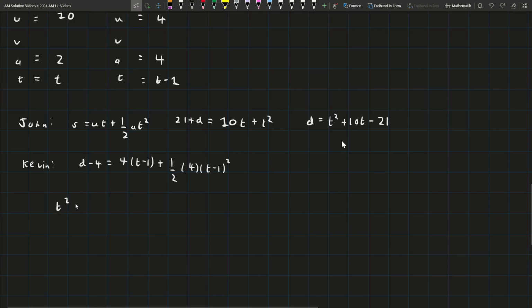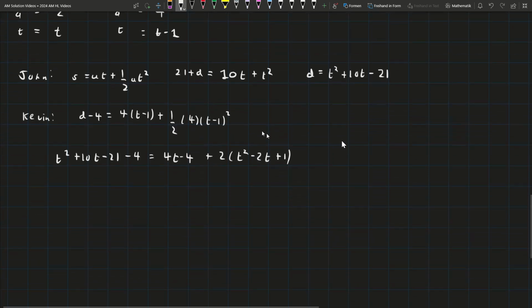So we'll have t squared plus 10t minus 21, and then minus 4, equals 4t minus 4 plus a half times 4, which is 2, and then t minus 1 squared will be t squared minus 2t plus 1.